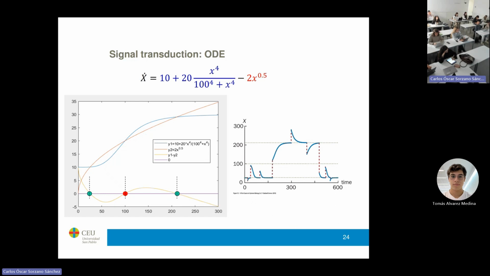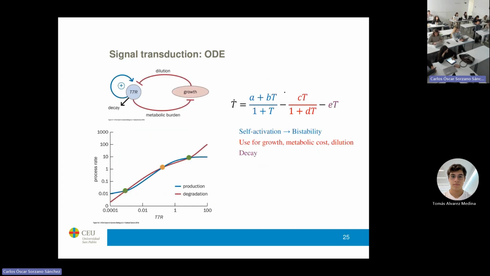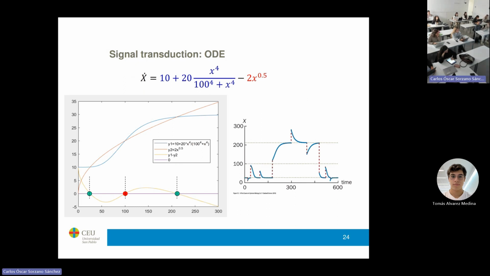But if you are perturbed enough, then you may cross this barrier, and if you cross it enough, then you go to the other stable point. And if you are perturbed again, you come back to your stable point. And then if you perturb it enough, you may go down.